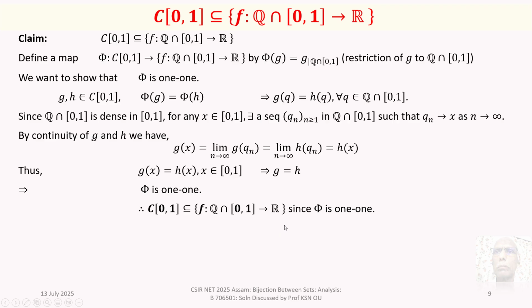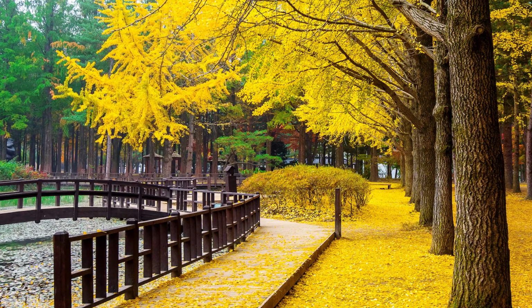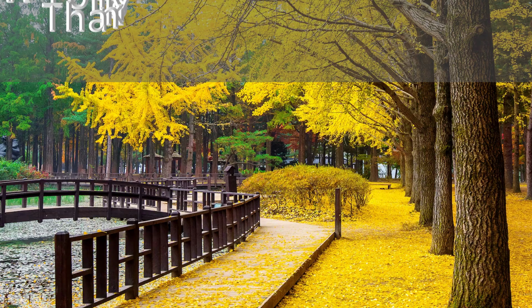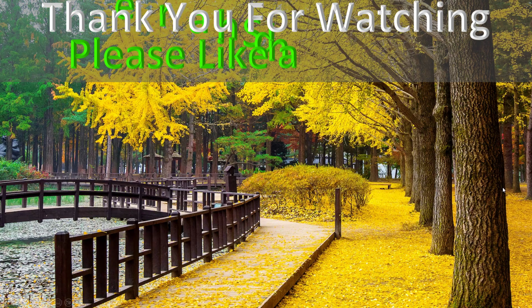That result I have used in the previous result, right? So, I am sure that you have understood this result, and this result has been used earlier in some discussion, right? I am sure that you have understood the solution of this problem.